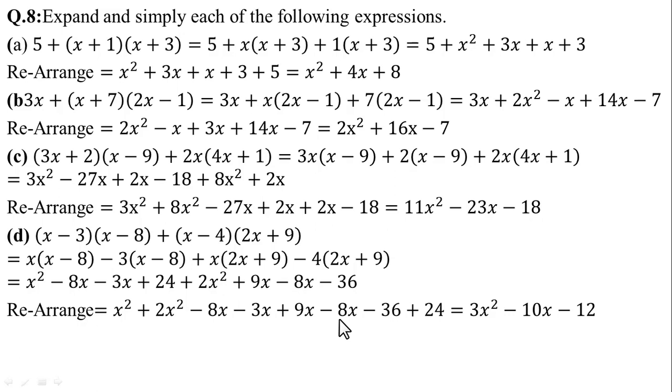Here minus 8x minus 8x is minus 16, and minus 3 is minus 19. Minus 19x plus 9x is equal to minus 10x. Minus 36 plus 24 is equal to minus 12. So the final answer of D part is 3x square − 10x − 12.